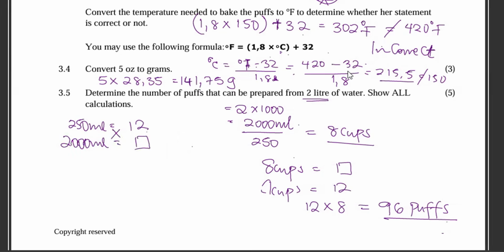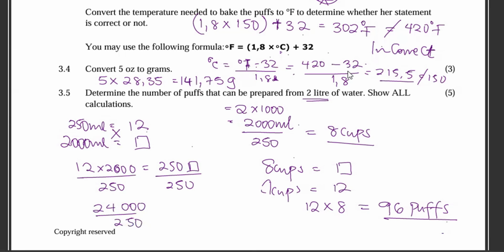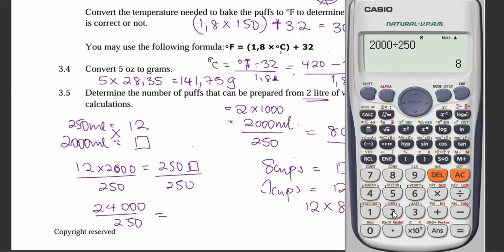We've already seen that 1 cup equals 250 mils. So 250 mils are equivalent to 12. Then, remember here we've changed already the 2,000 mils. What will they give us? Do the same, cross multiply, becoming 12 times 2,000 equals 250 times the unknown. So divide through by 250. When you multiply this, you end up having 24,000, so 24,000 divided by 250.